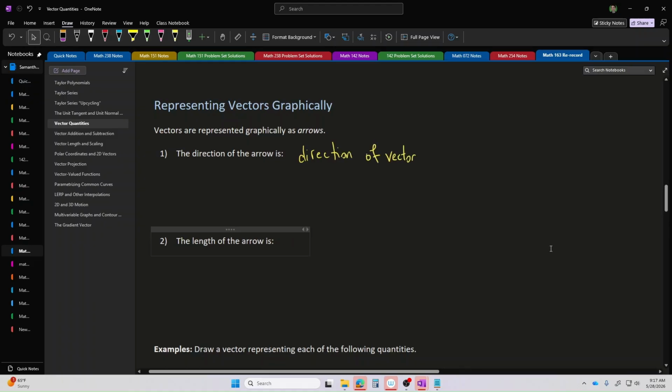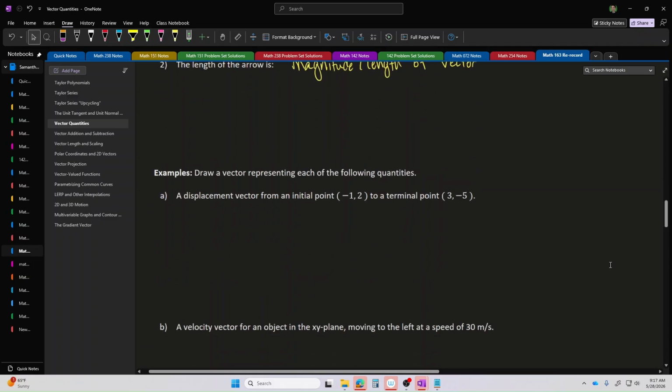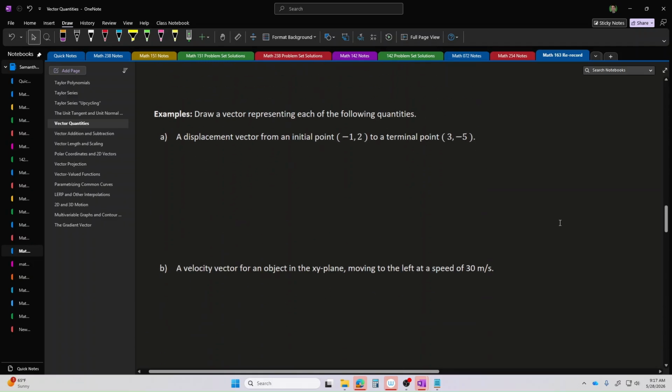And the length of the arrow is what stores the magnitude, slash, the length of the vector. To give you some examples, let's go ahead and draw some vectors representing each of the following physical quantities.